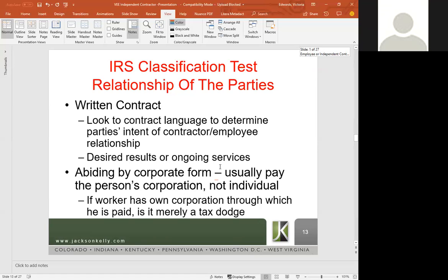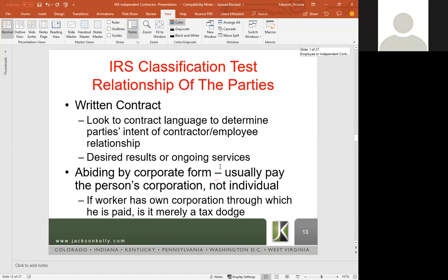Typically in an independent contractor situation, you're not paying the individual. You're paying them through a company, an LLC that they've formed solely for purposes of taking the paycheck from your company. That's not an end-all, be-all factor, but they do look at that.